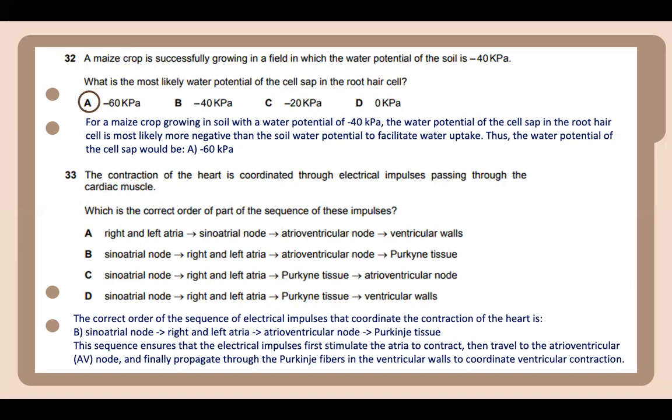This sequence ensures that the electrical impulses first stimulate the atria to contract, then travel to the atrioventricular node, and finally propagate through the Purkinje fibers in the ventricular walls to coordinate ventricular contraction.